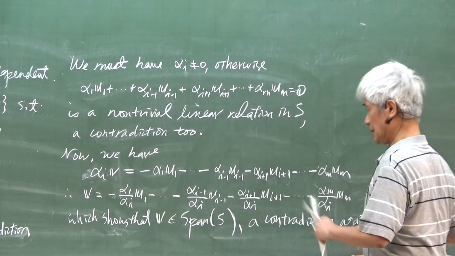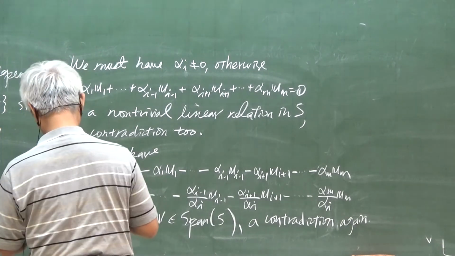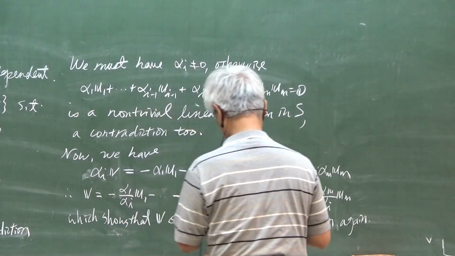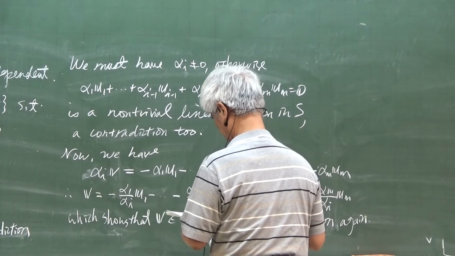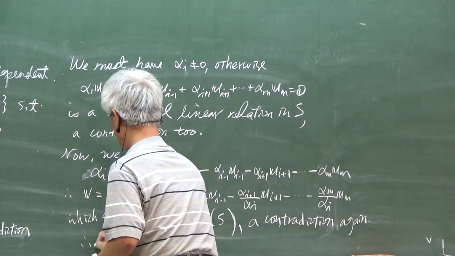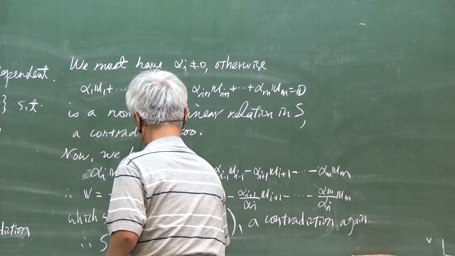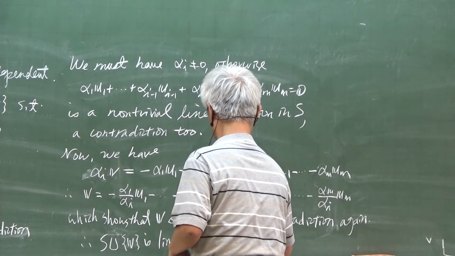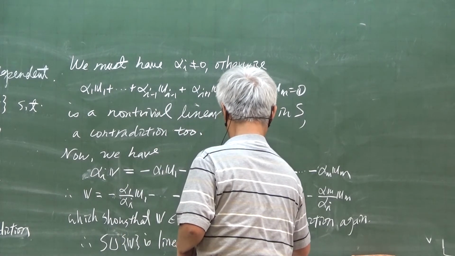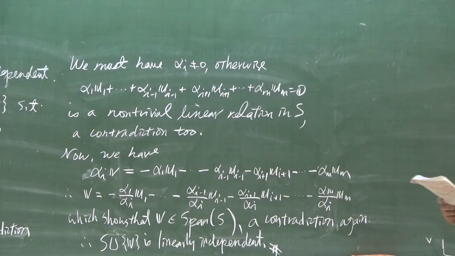So that says the premise is incorrect. So S union V is linearly independent. This is the end of the proof.